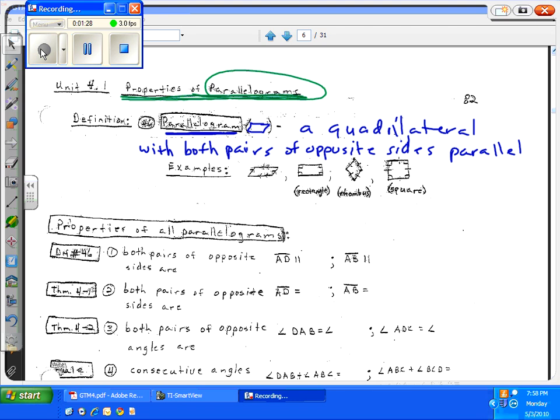A parallelogram is a quadrilateral, that's a four-sided figure, with both pairs of opposite sides parallel.